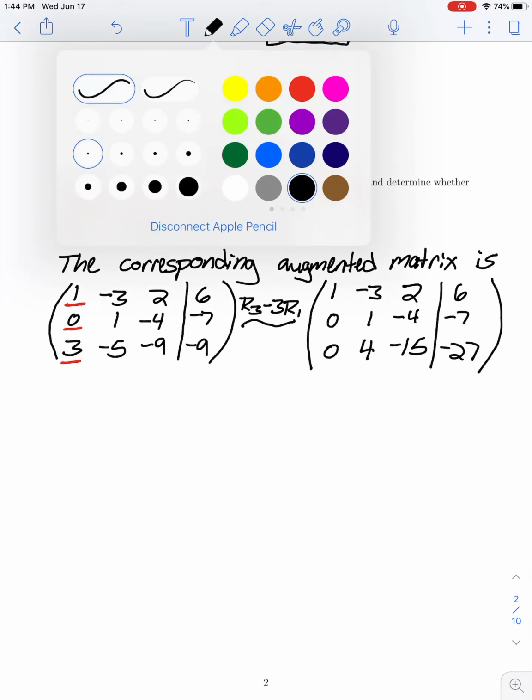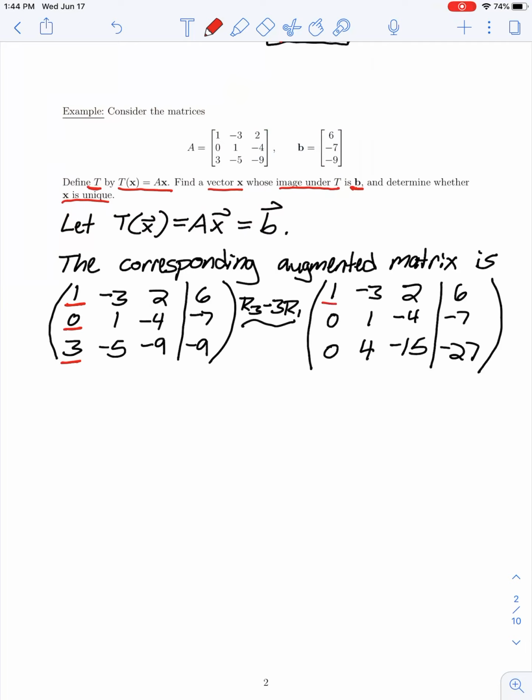All right, so now, in our first row, we have a leading entry of 1 with zeros below it.